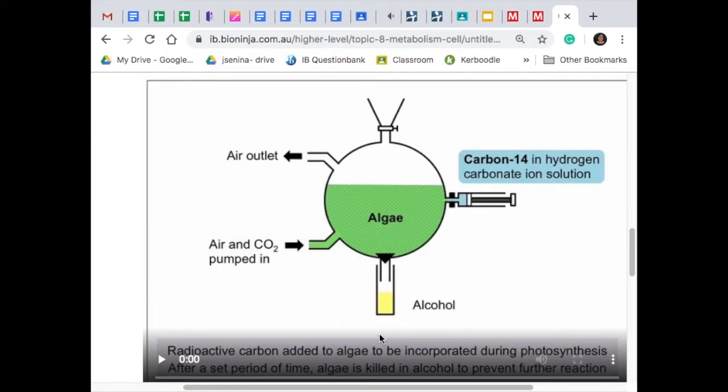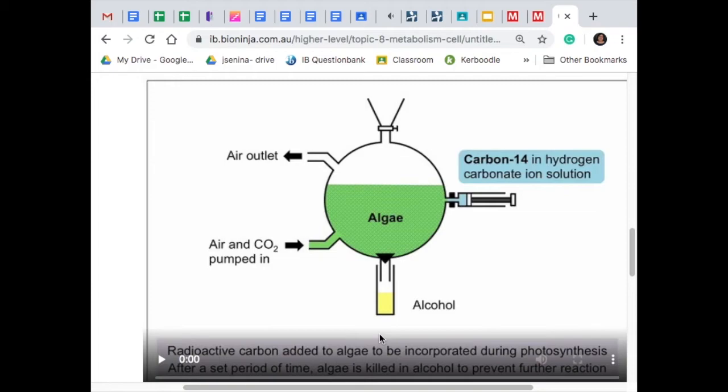Okay, so in the lollipop experiment, Calvin put algae here. Algae is a photosynthesizing organism. So it's in the water and it's green and it can photosynthesize. Okay? And then he injected carbon-14 into the sample. So in other words, the plants will use carbon dioxide in carbon fixation.